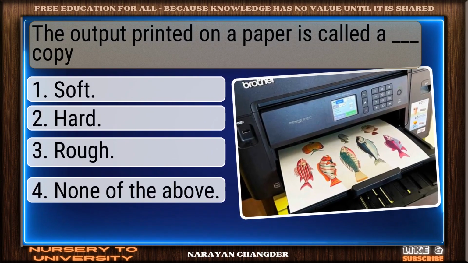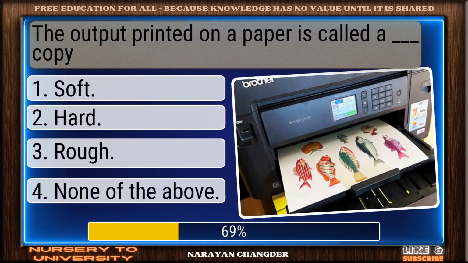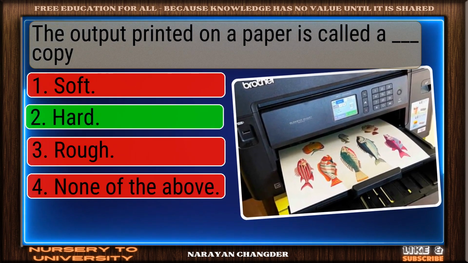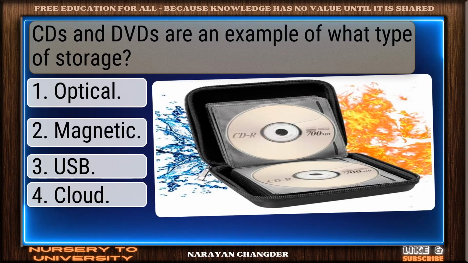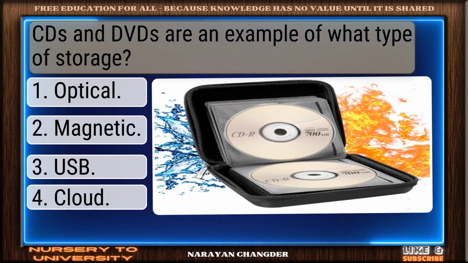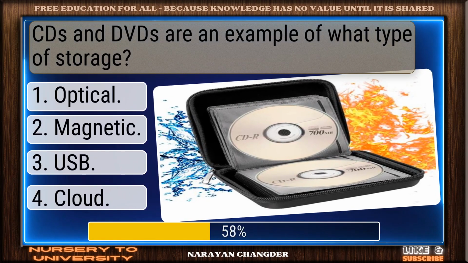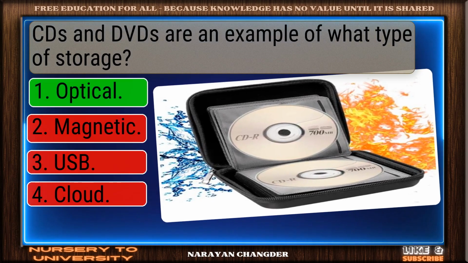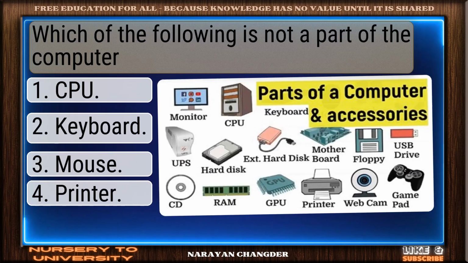The output printed on a paper is called a dash copy. You're right. Hard is the correct answer. CDs and DVDs are an example of what type of storage? Great thinking. Optical is the right choice.